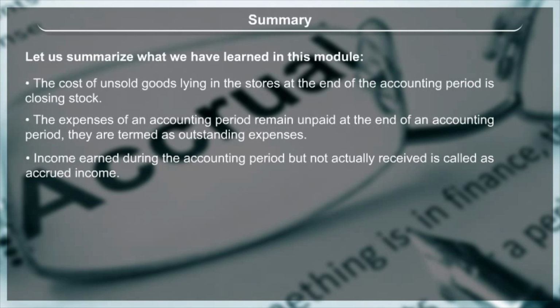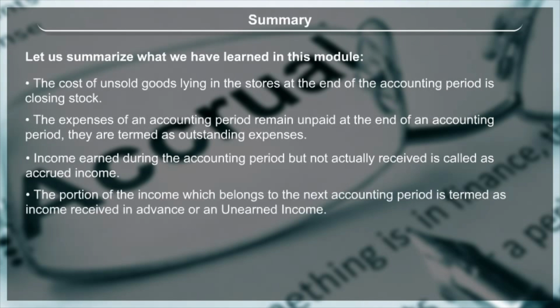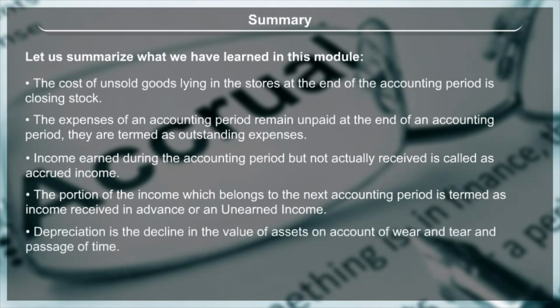Income earned during the accounting period but not actually received is called accrued income. The portion of the income which belongs to the next accounting period is termed income received in advance or unearned income. Depreciation is the decline in the value of assets on account of wear and tear and passage of time.